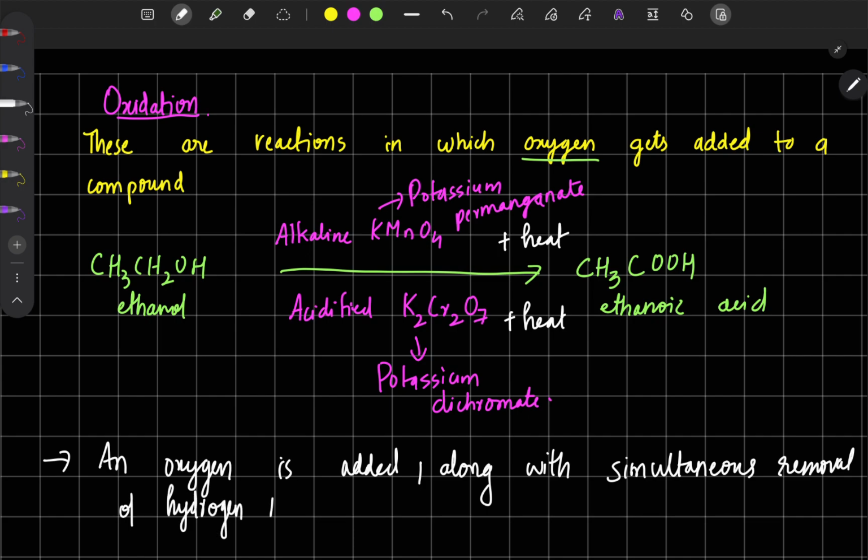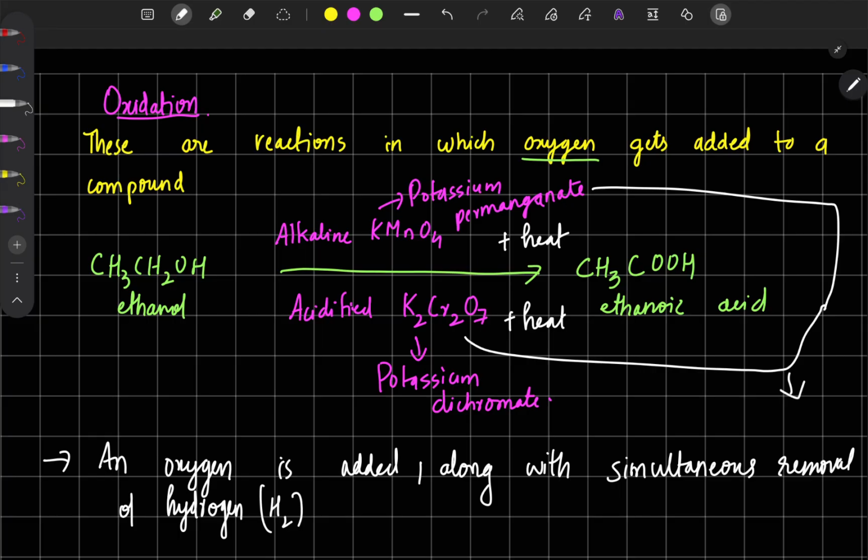You can see that one H2 is lost, and in place of that an oxygen is being added. That is why we say so.